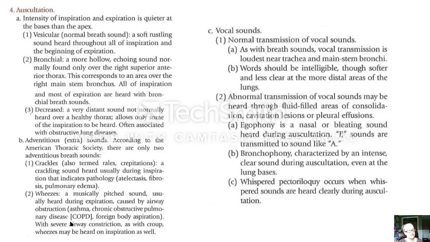All of inspiration and most of expiration are heard with bronchial breath sounds. Decreased, a very distant sound not normally heard over a healthy thorax, allows only some of the inspiration to be heard, often associated with obstructive lung diseases.